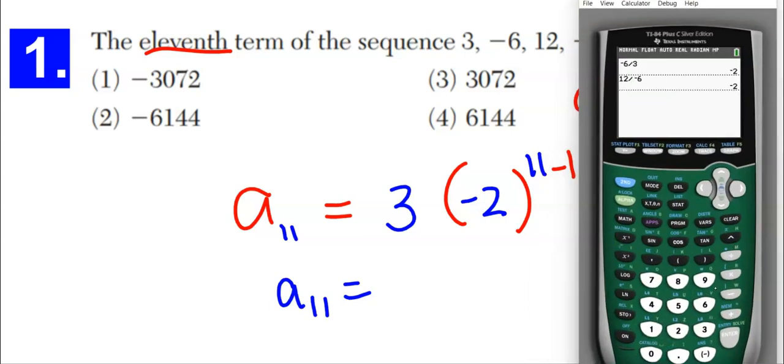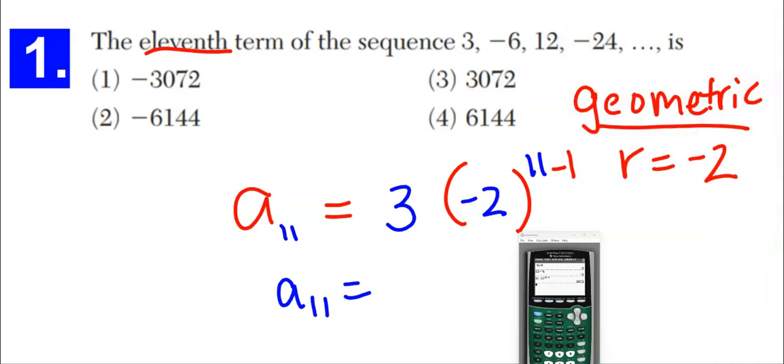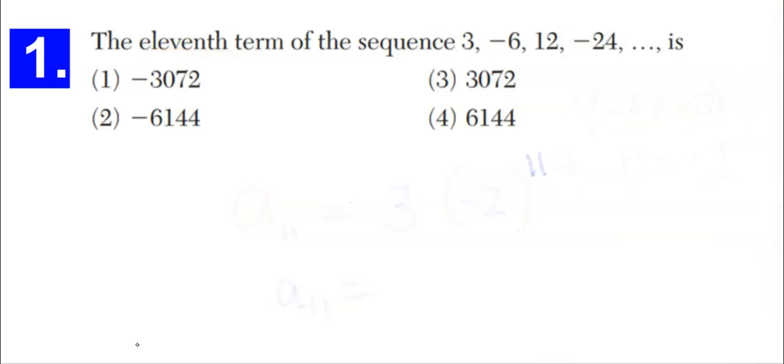Pick up your calculator and begin to type those characters as you see them. The answer is $3,072. Look carefully. Choose the correct sign, and don't get tricked.